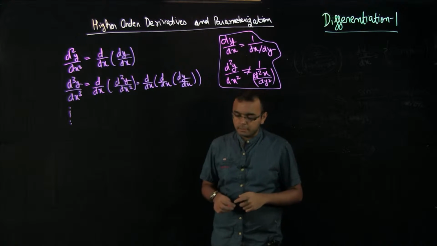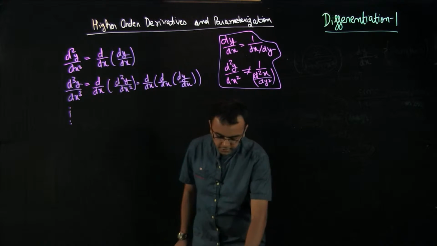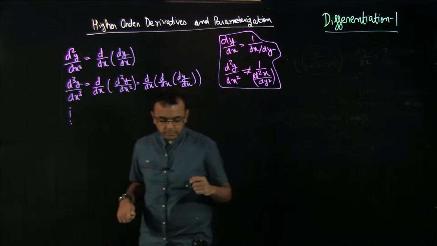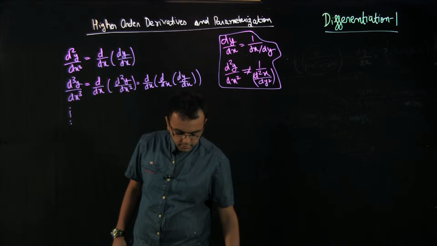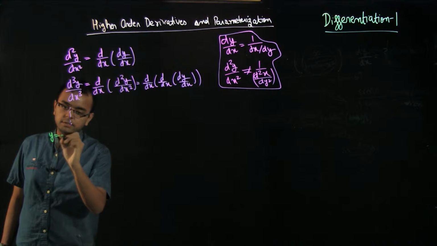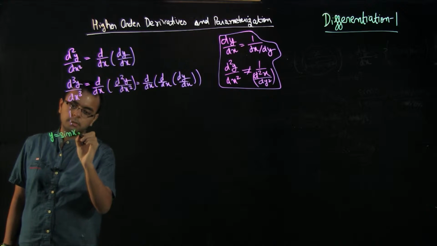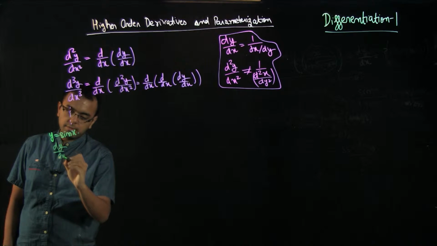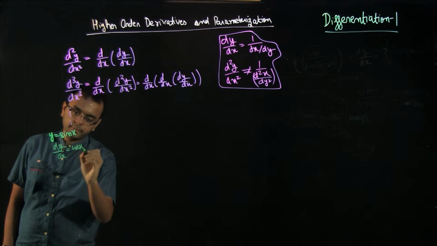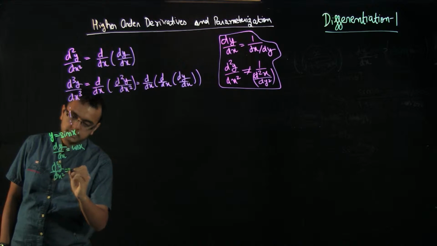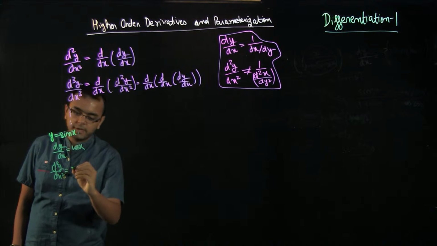So let us take very quick examples of what higher order means. Let us have y is equal to sin x. Now dy by dx is cos x, and d square y by dx square will be differentiating dy by dx, so the differentiation of cos x is minus sin x.